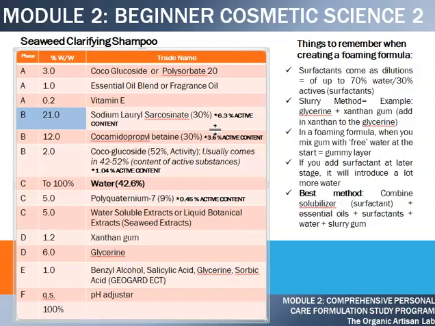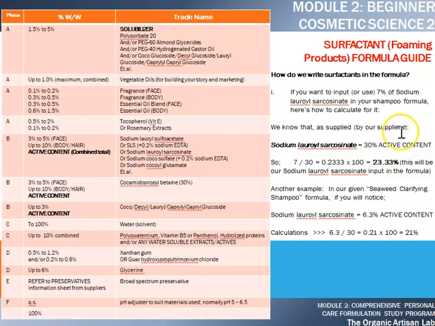So how do you get to know how much of the active content of sodium lauryl sarcosinate there is in a 21% weight for weight? As I said here, if you check this input, you've decided to just use 7% here. So what we do is divide 7 by 30%.